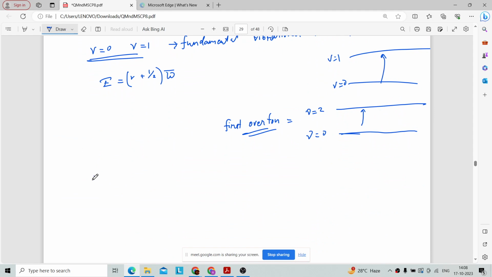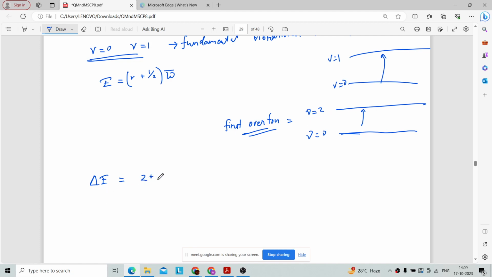Okay, then the change of energy for the first overtone will be this state minus this state, right? We need to calculate the transition from 0 to the second state.